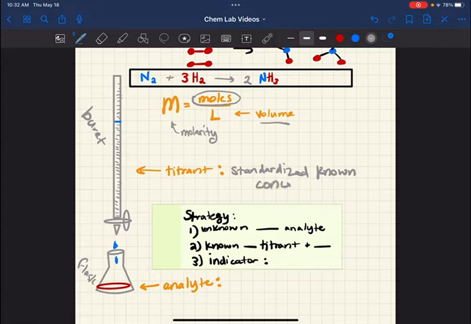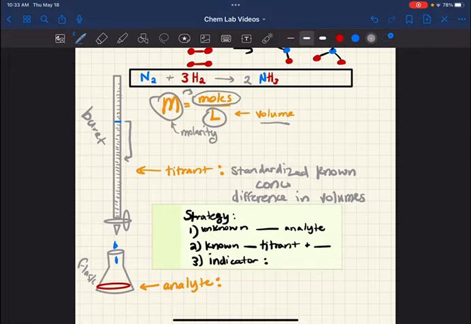And as we add solution, we can measure the volume difference based on the lines. So difference in volumes. So that will tell us what volume was added, and we can use the volume with the molarity to figure out the moles according to the molarity formula. That's what the titrant is used for.